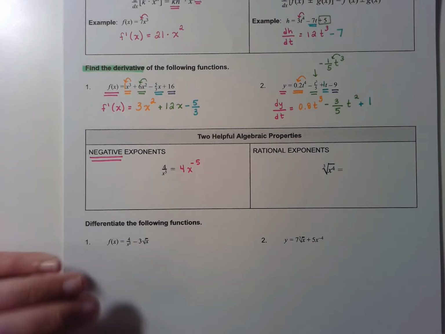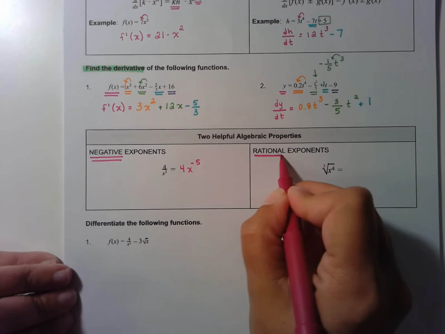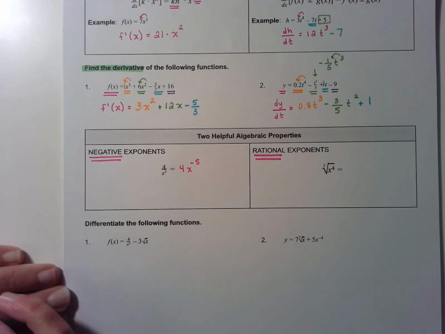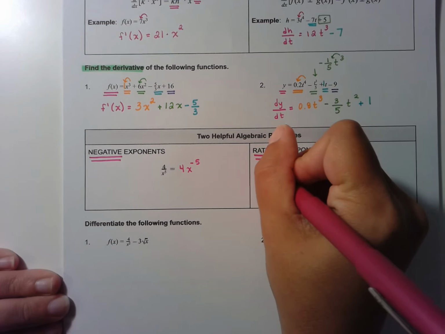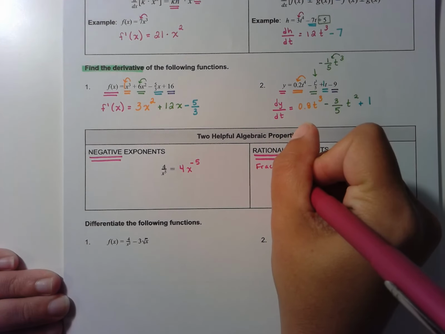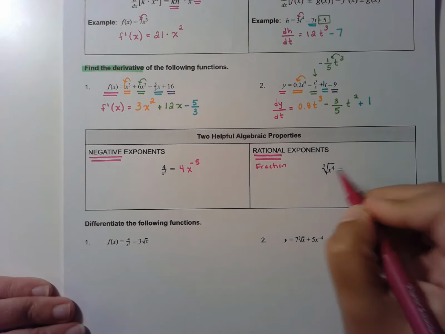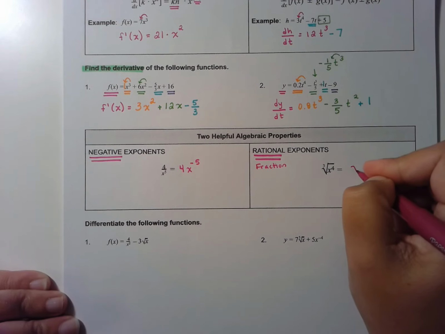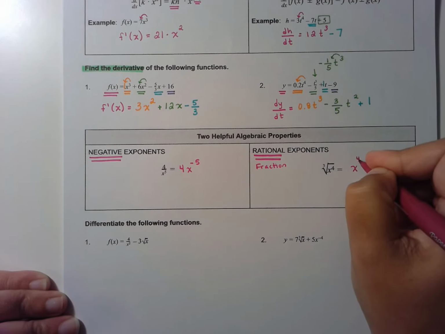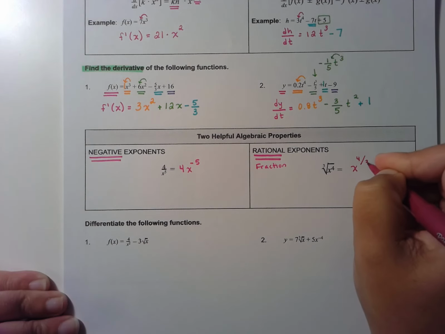The other thing I want to remind you of is what's called rational exponents. Now, rational means that the exponent is a fraction. So for example, in this problem, instead of having a root, like a cubed root x to the fourth, I can actually rewrite that as x to the 4 divided by 3.